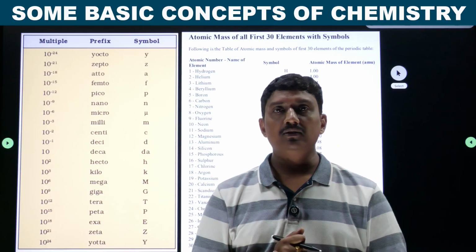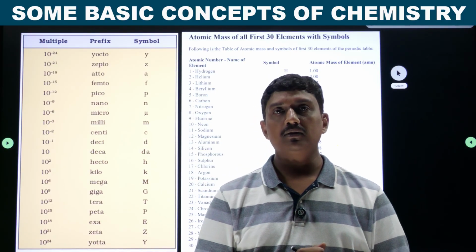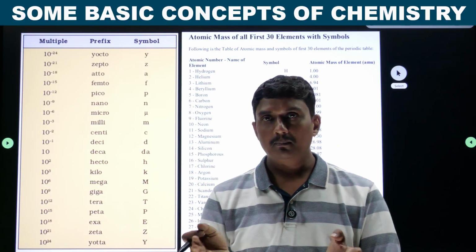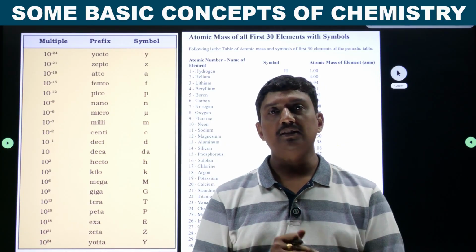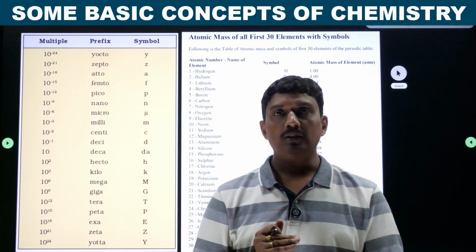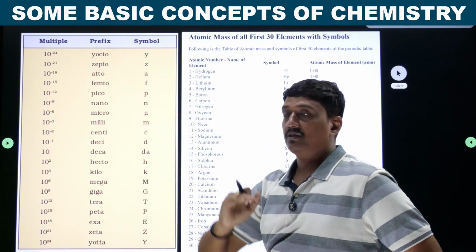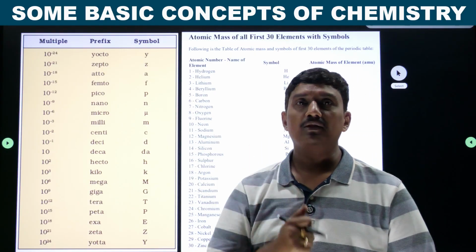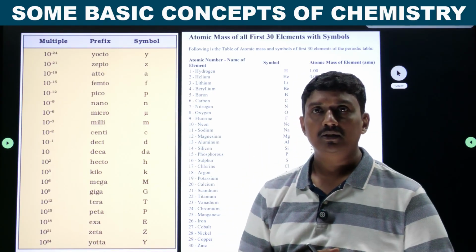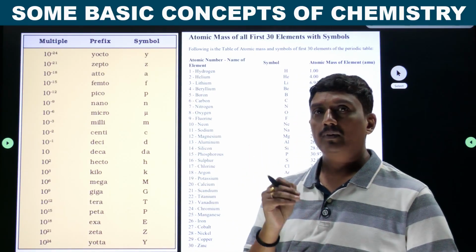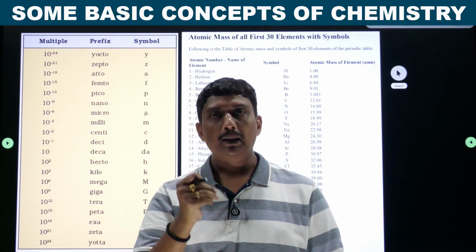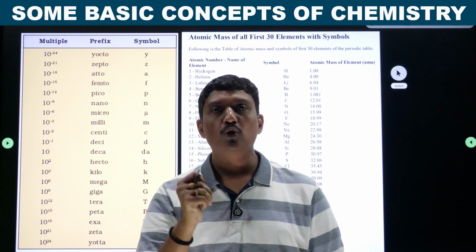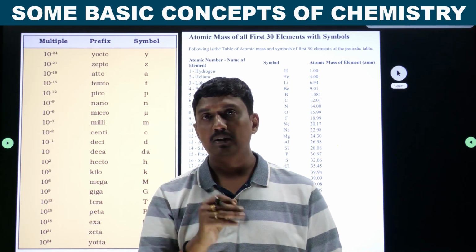Certain quantities, especially physical quantities, may be very big, may be very small. To express these physical quantities through prefixes makes calculation very easy. For example, most commonly we use centimeter, millimeter, picometer, nanometer.